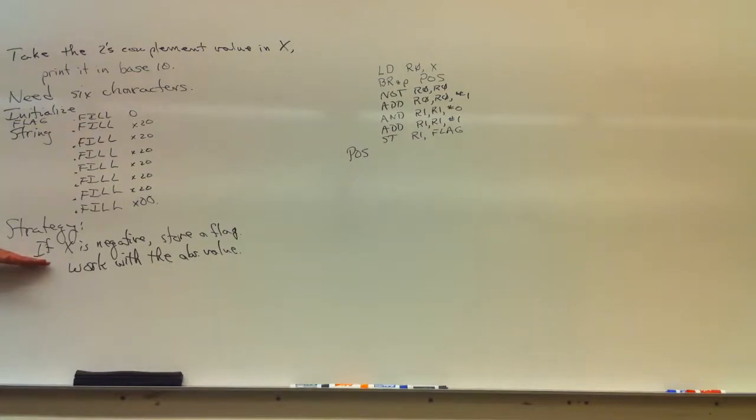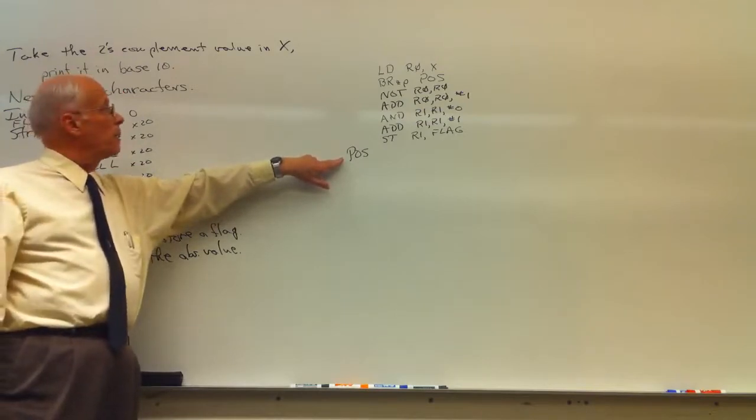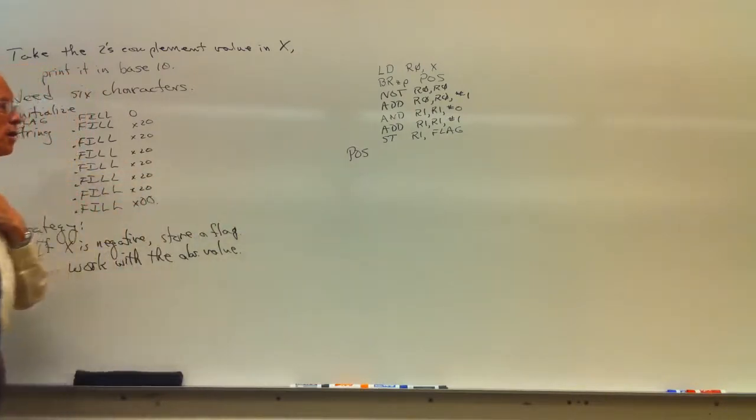If it's negative, I save something that I can check later on and put a minus sign on things. But then I change it to the positive thing, and when I get to here, I've got a positive value in register 0, no matter what I started with. 0 or positive, but certainly not negative.